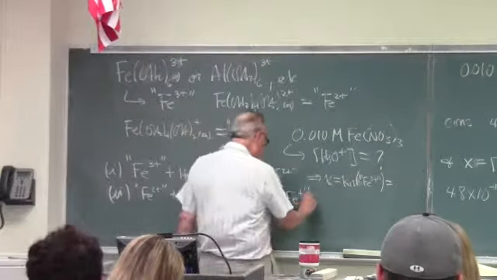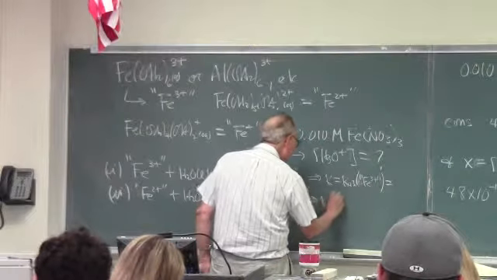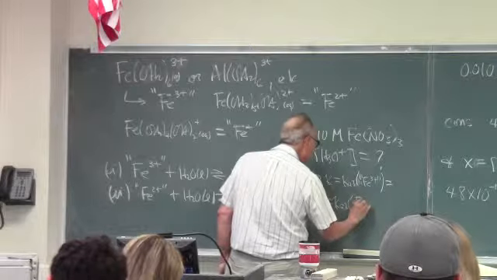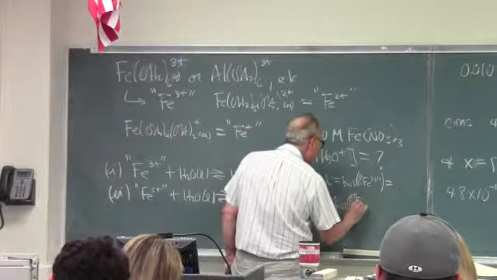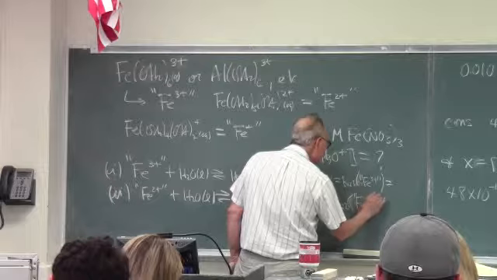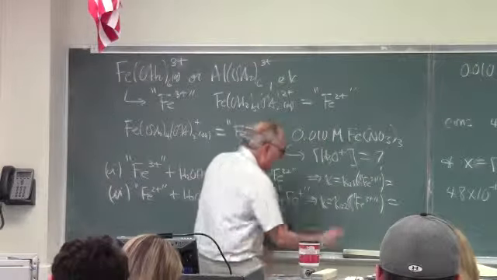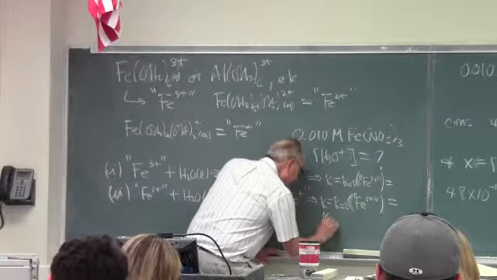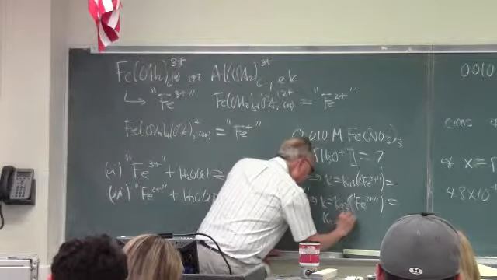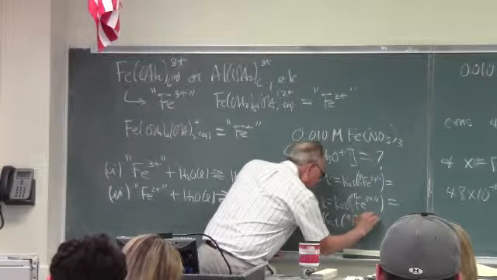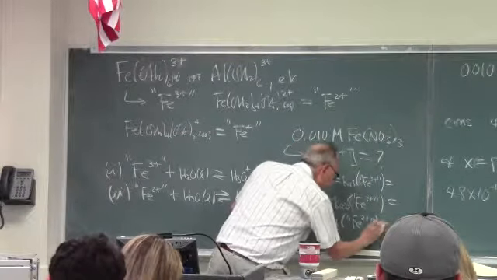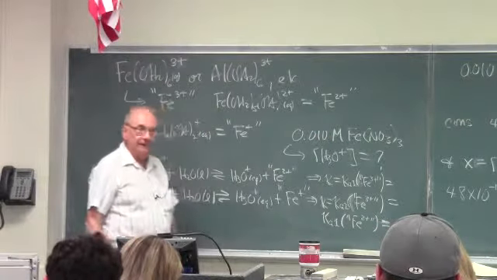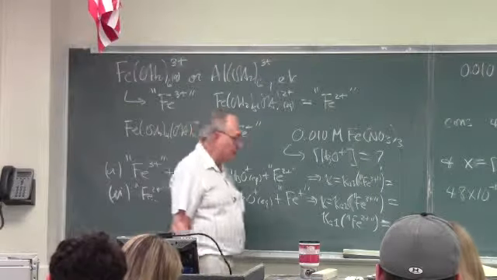And for the second one, K equals Ka2 for quote-unquote Fe3+, which is the same as Ka1 for quote-unquote Fe2+.